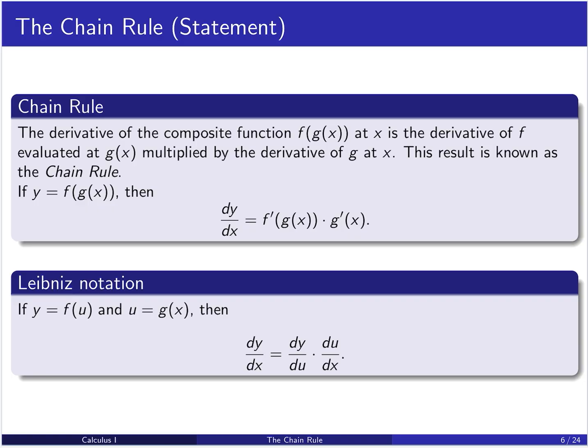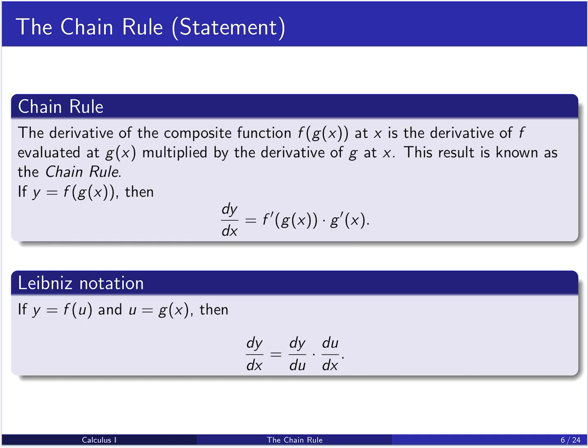All right, so here it is, the chain rule. If y equals f of g of x, then the derivative dy/dx equals f prime of g of x multiplied by g prime of x. Let's read this in plain English.